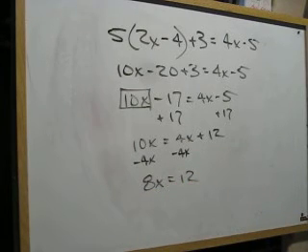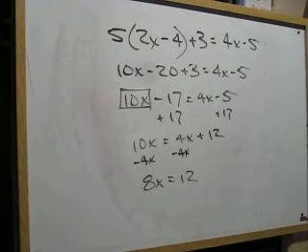Okay, not real pretty if I wrote everything down right. Let's see. You see any mistakes that I made up there? Maybe I wrote the problem wrong. 4x minus 5. No, got that one right. I've got a mistake in here somewhere.